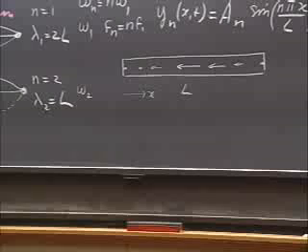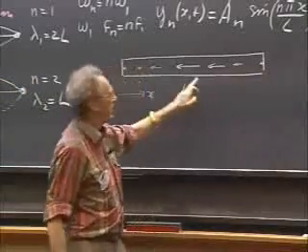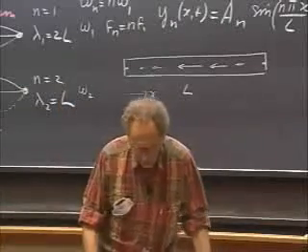So therefore, in terms of psi, which is the position of the molecules, this would be a node, and this would be a node, and this would be an antinode in the case of the first harmonic.